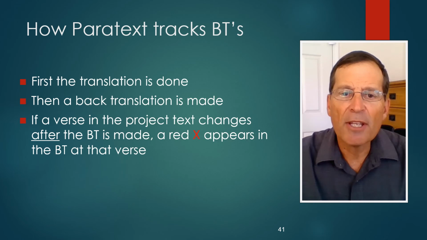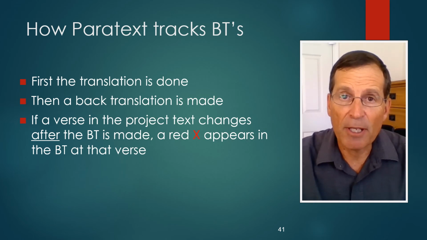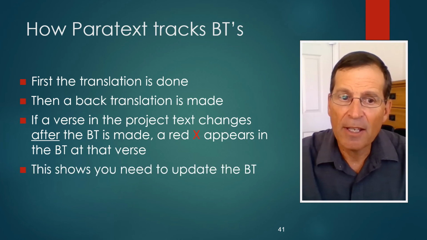Now, if a verse in the project text changes after the back translation is made, a red X appears in the back translation at that verse. You'll see an example of this on the next slide. That shows that you need to update the back translation, that it no longer matches the translation.